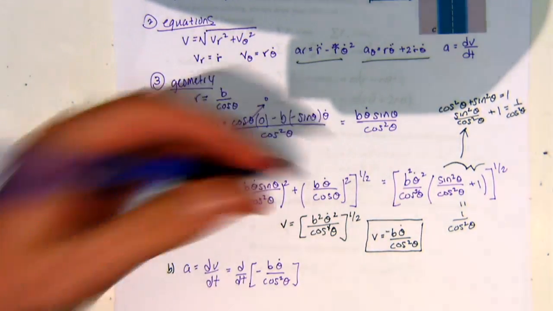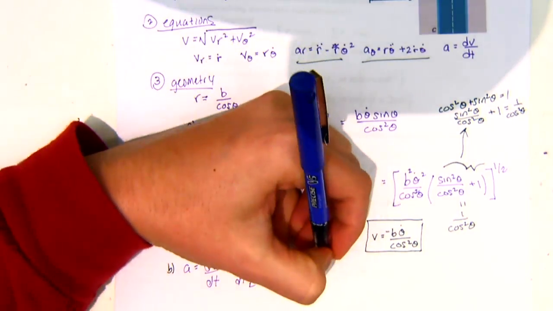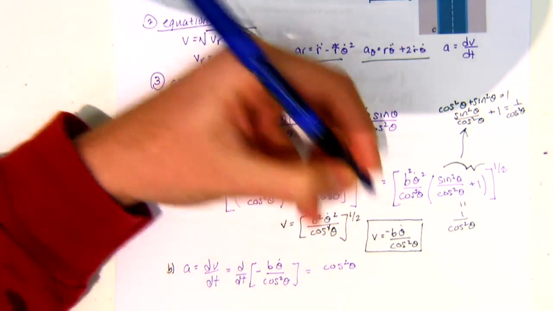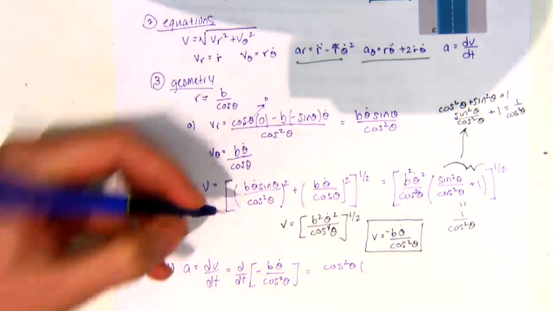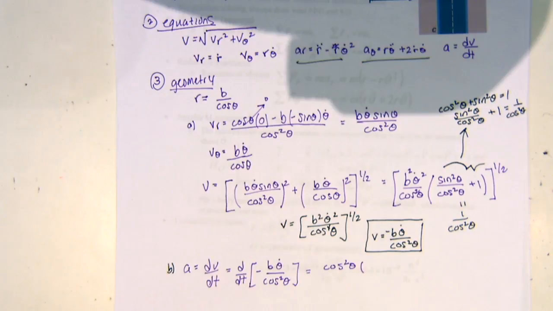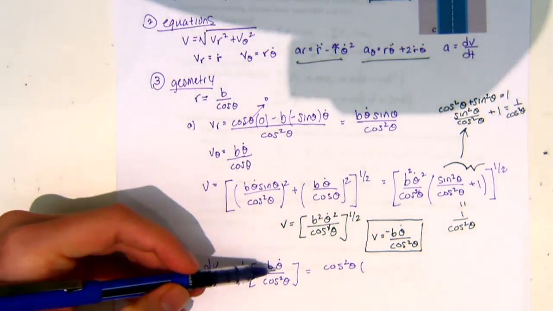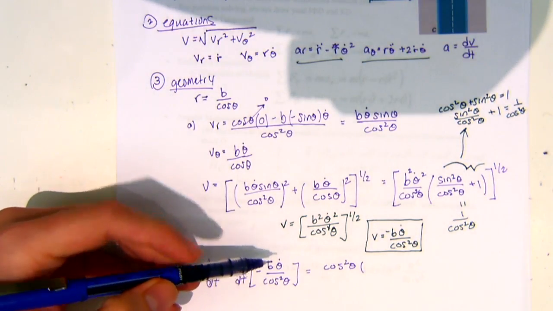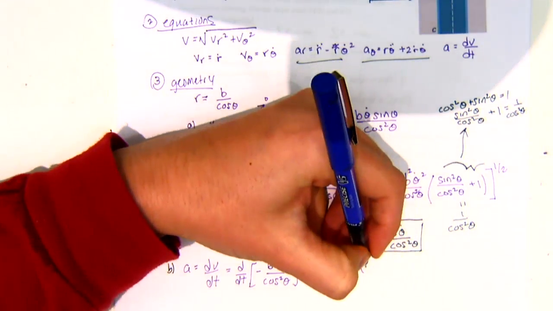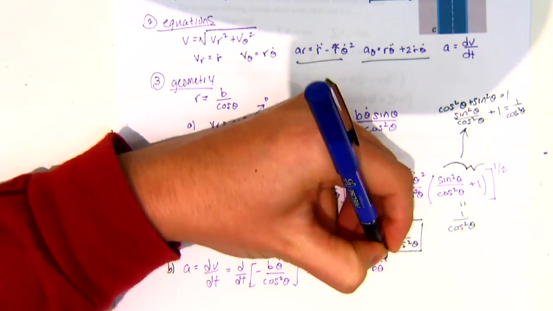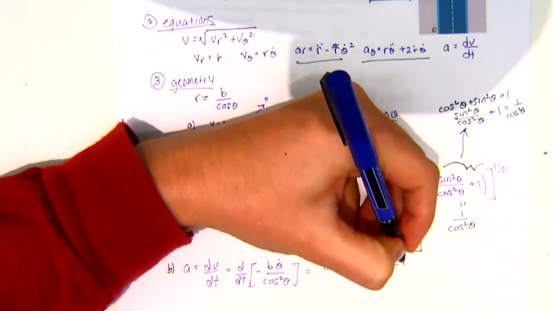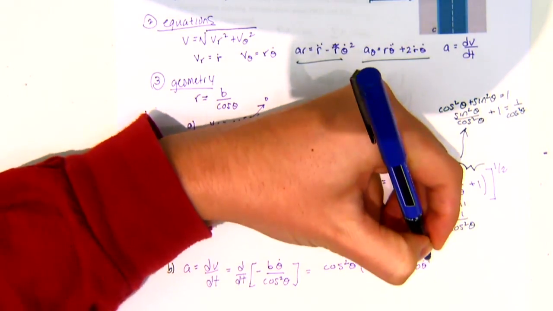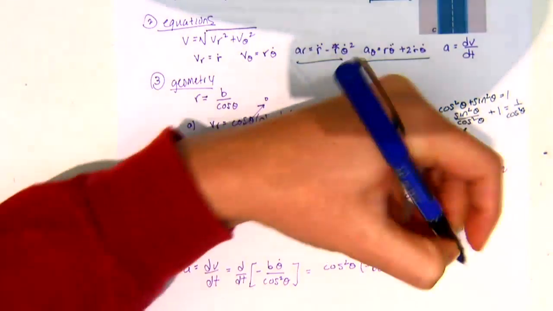So what we're going to have here is another quotient rule. So we have cosine squared theta, low, times the derivative of the high. The only term here that has time, so with respect to time, would be the theta dot, right? So if I take the derivative of the top, I'm going to have negative b theta double dot. Agreed? Then I have minus negative b theta dot times the derivative of the low value.